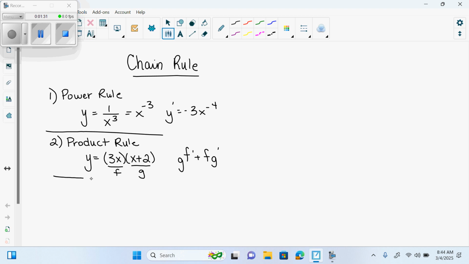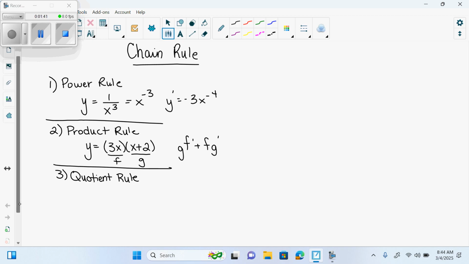And then we had quotient rule, where you have y equals x over x minus 7 or something like that. This would be f, this would be g, and then it would be g f prime minus f g prime over g squared. Right? Those are the three things we've learned.